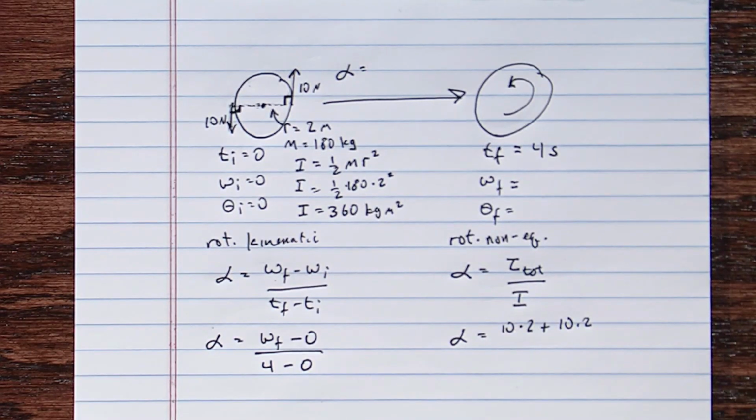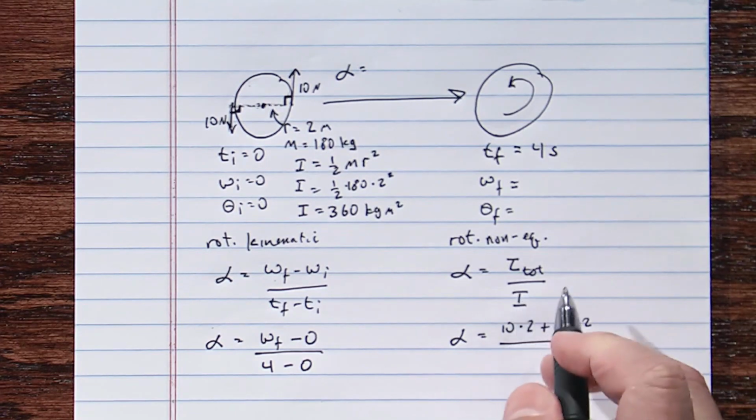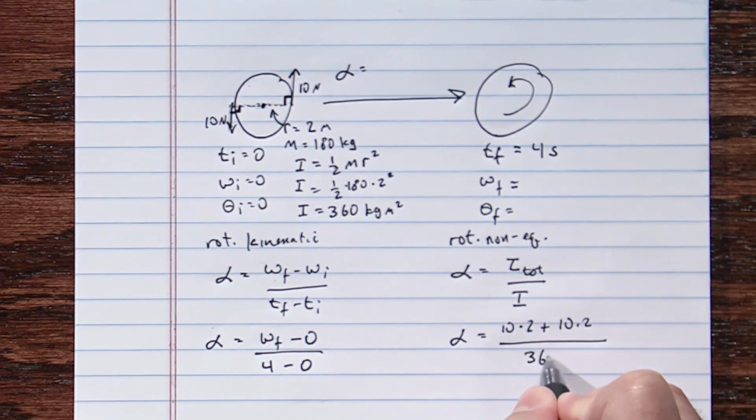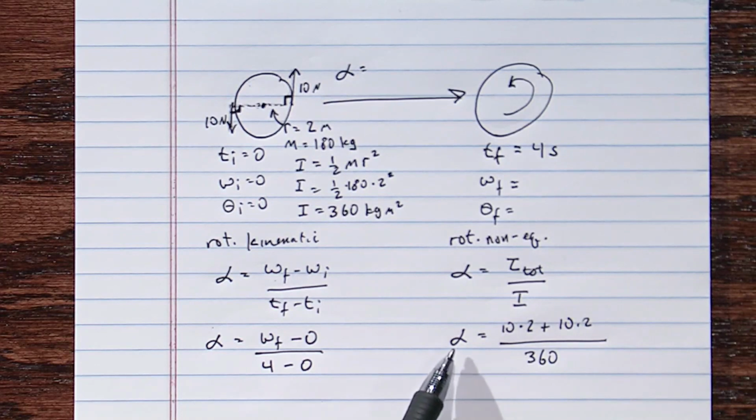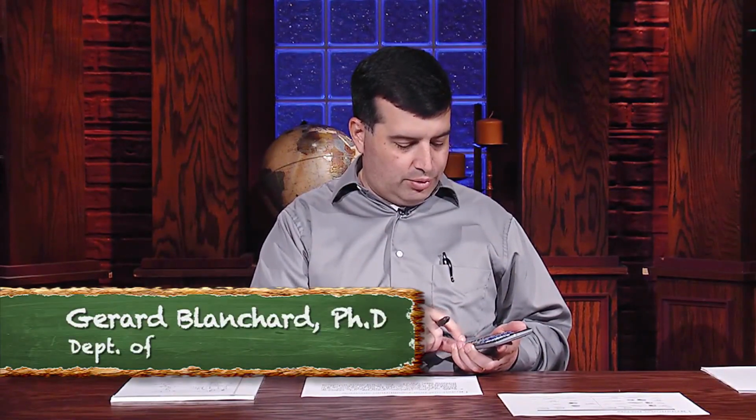Once again the sine of 90 degrees is 1, so I won't write that, divided by I, our rotational inertia, which is 360. So angular acceleration is 10 times 2 plus 10 times 2 divided by 360. And what is that? That is 10 times 2 plus 10 times 2 divided by 360.